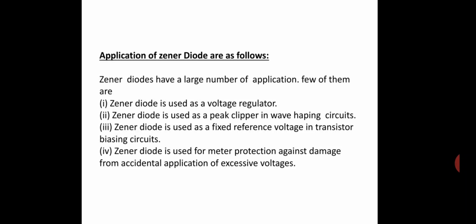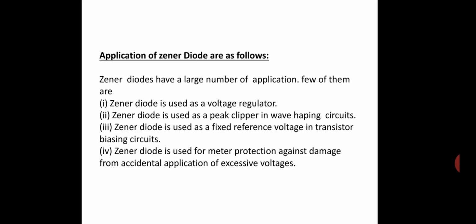But the Zener diode is made up of silicon material. It is a special type of diode which operates in the breakdown region. It allows the current to flow both in the forward as well as in the reverse direction. The Zener diode is made by heavily doped p-type and n-type material. The concentration of ions is high in the material.